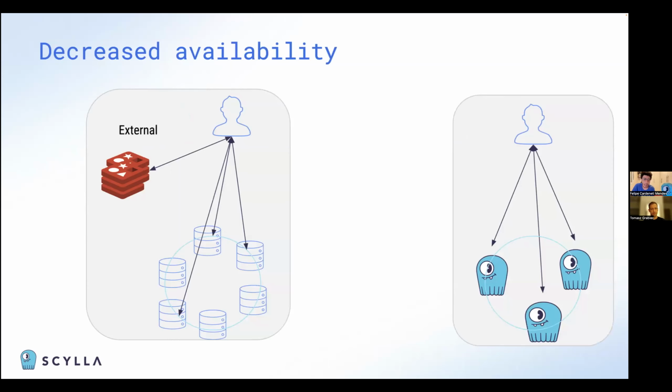All right. The next topic is the fact that an external cache reduces your availability. And this happens due to three main aspects. First, if your external cache goes down, your application will need to handle that situation and know how to fall back to your database. Second, most of the time people rely on their cache to fulfill their SLAs.